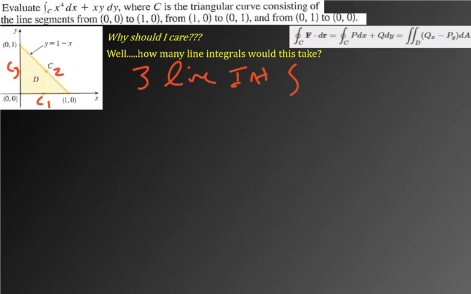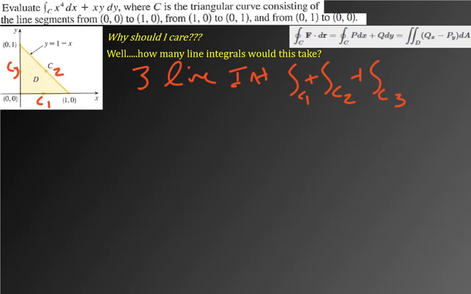You would do a line integral around curve 1, and then add a line integral around curve 2, and then add a line integral around curve 3. And you would have to parameterize every single thing, which is a ton of time. And now we literally don't have to do any of that.